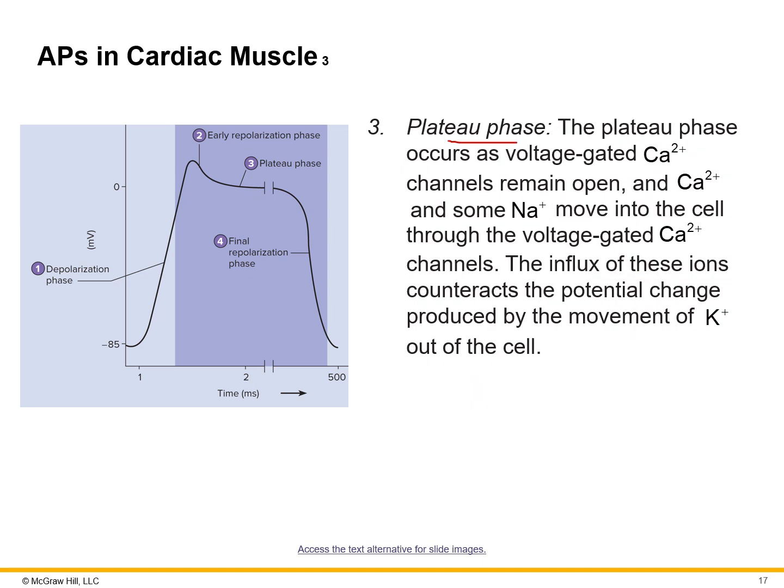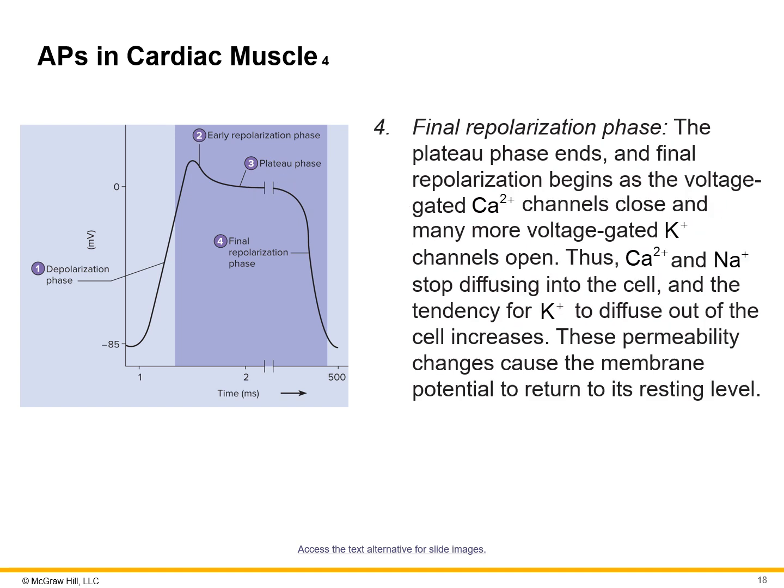Okay, then we have this plateau phase here, and we kind of have a gap here in the time, but this plateau occurs as voltage-gated calcium channels remain open, and now we have the movement of calcium and some sodium into the cell, so it's still staying depolarized. So again, the slow movement of potassium out of the cell, as well as voltage-gated calcium staying open, causes this long plateau phase.